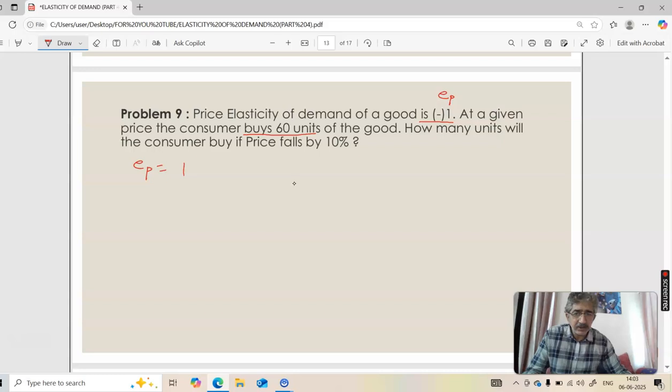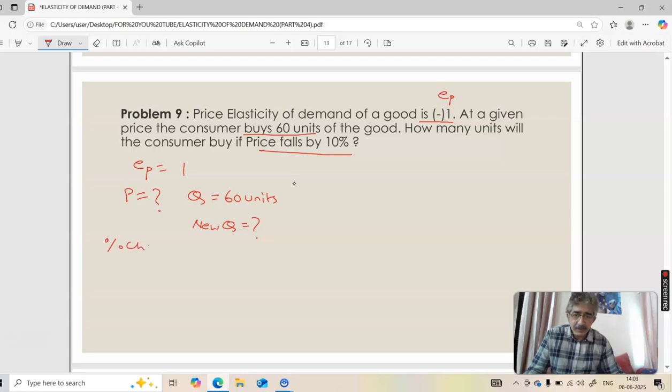That means the original price we don't know, but the original quantity we do know, because it's given, 60 units. How many units will the consumer buy if price falls by 10%? So we need to calculate the new quantity, when the percentage change in price is given.